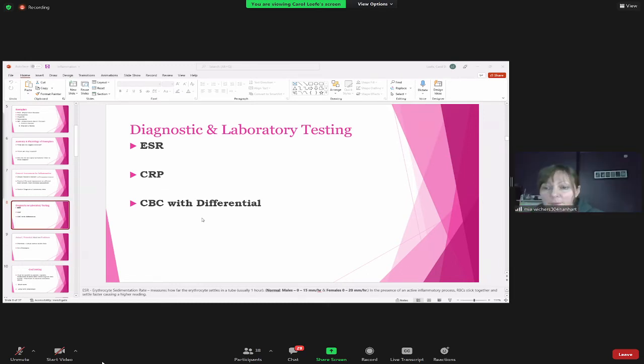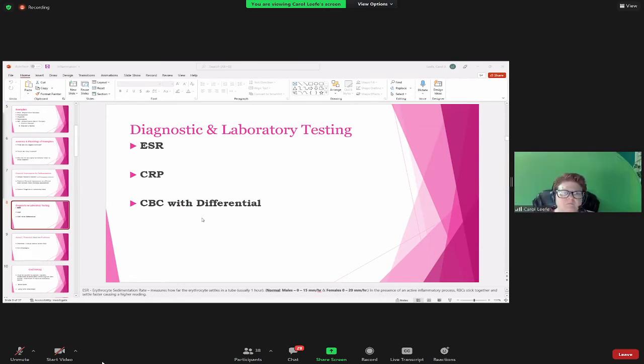Have routine blood work. What kind of blood work? A CBC. You want to trend the platelet count, but what would that amount of platelets do?